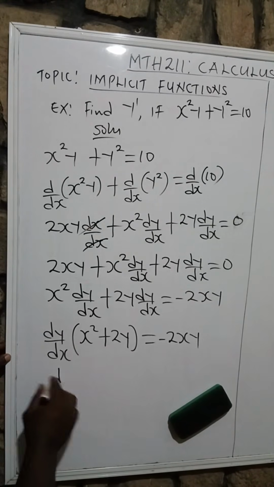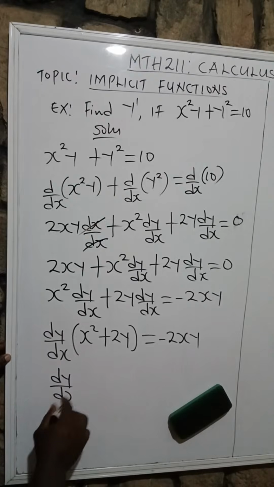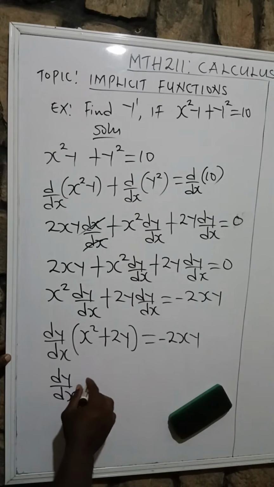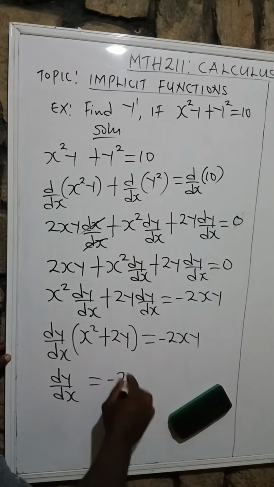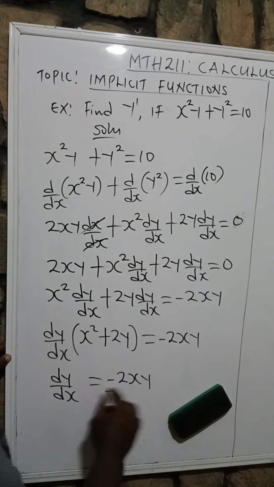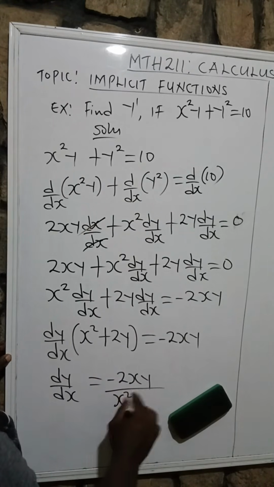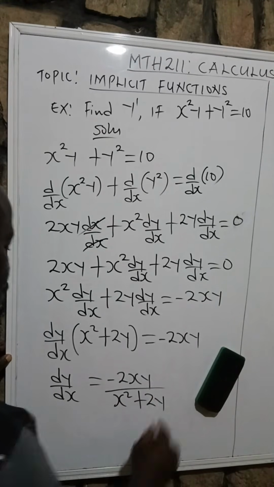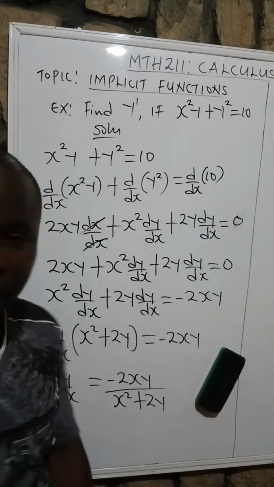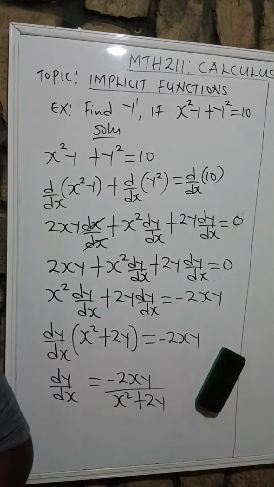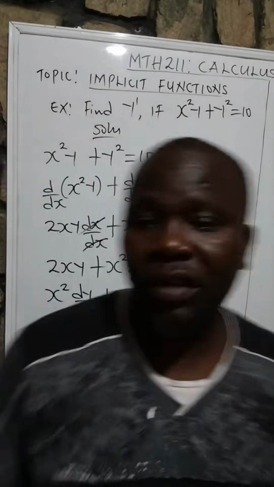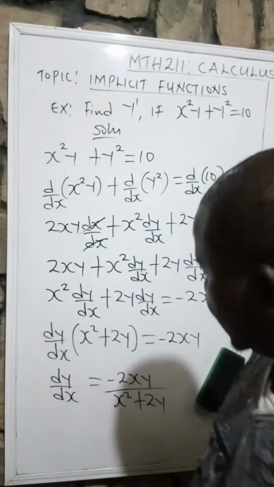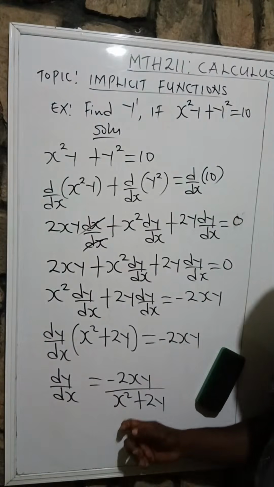So dy over dx now equals minus 2xy over x squared plus 2y. So this is how you are supposed to differentiate this function. As you can see now, this is the final answer.